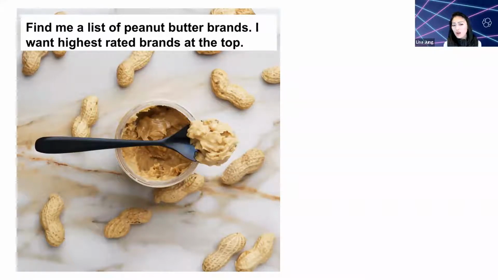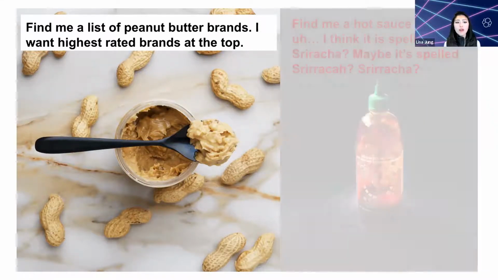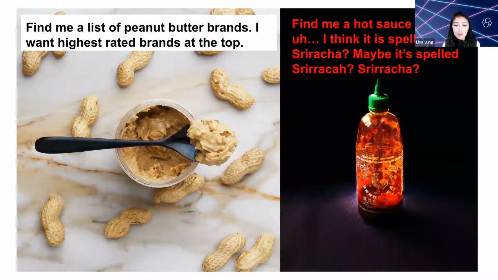But what if a customer wanted to see peanut butter from highest to lowest rated brands? Or what if the customer is searching for sriracha hot sauce and misspells it? Well, we'll still want to pull up relevant search results, even though the customer's spelling doesn't exactly match the product data. So if you're in a situation where speed and relevance of your search is an important aspect of your work, Elasticsearch could come in really handy.